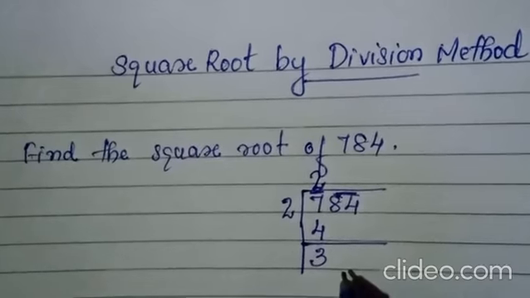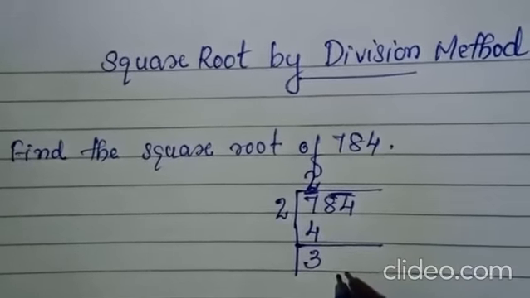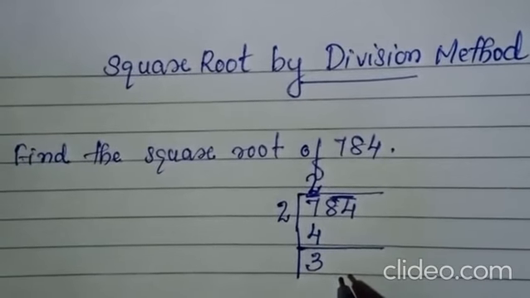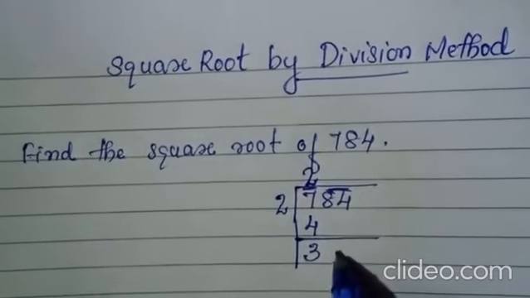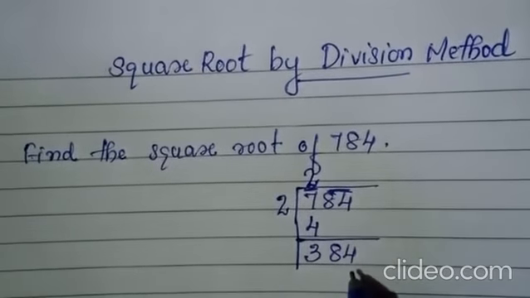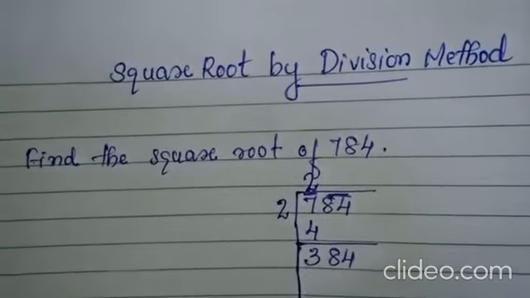Then what we will do next? Bring down the number under the next bar, that is 84 here, to the right of the remainder. So the new dividend is 384. Then what is the next step?